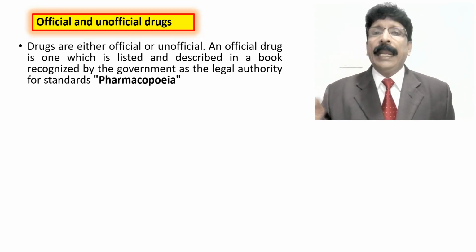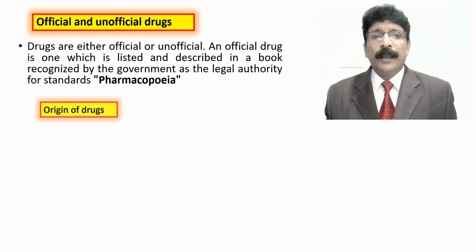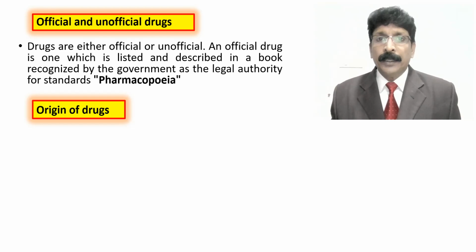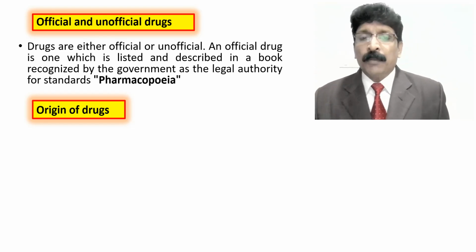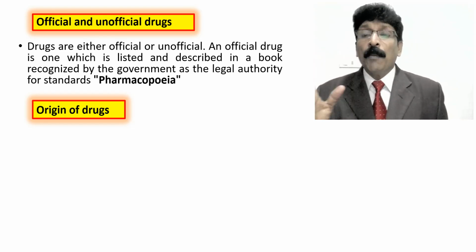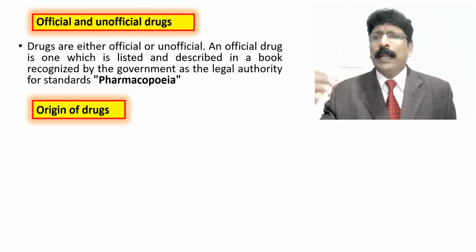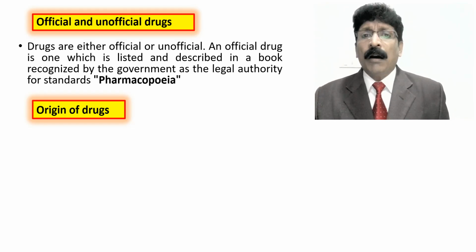India means Indian Pharmacopoeia. British means British Pharmacopoeia. US means United States Pharmacopoeia. Europe means European Pharmacopoeia. Each and every country has a Pharmacopoeia. Otherwise they will follow another country's with their permission, or they will have a formulary.